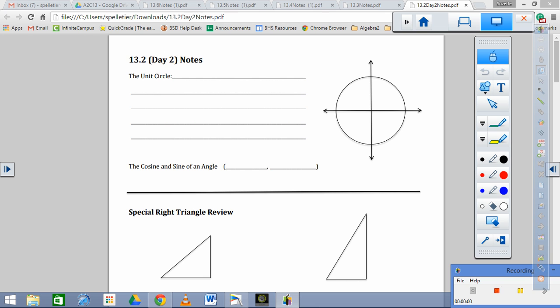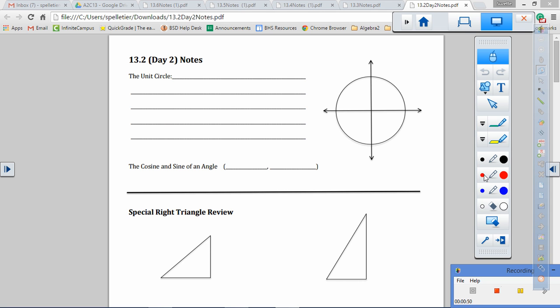So the unit circle is a special circle because it has a radius of 1 always. Radius equals 1.